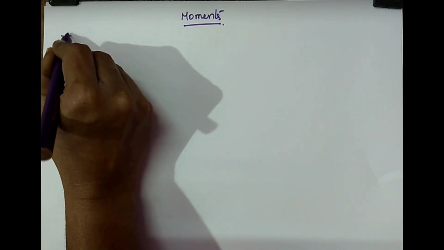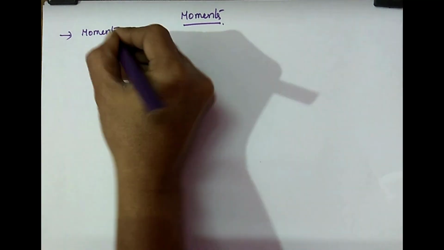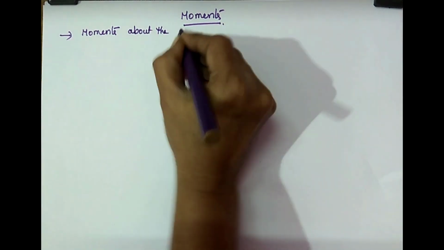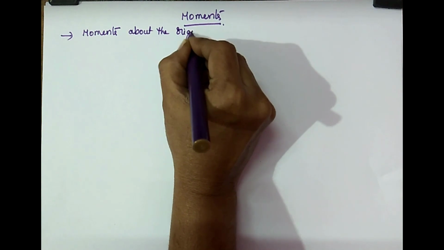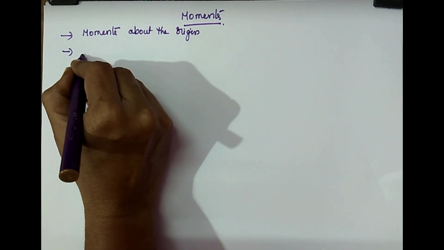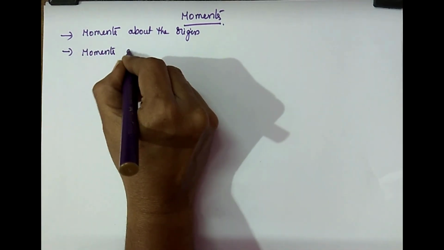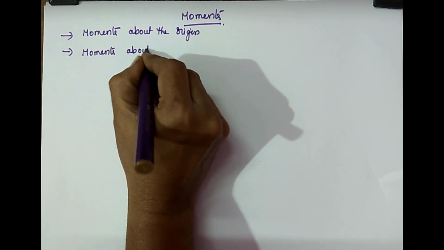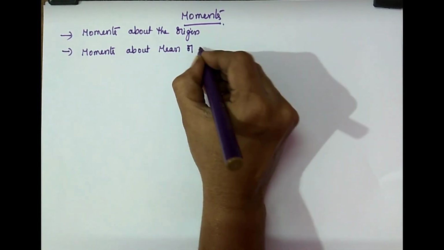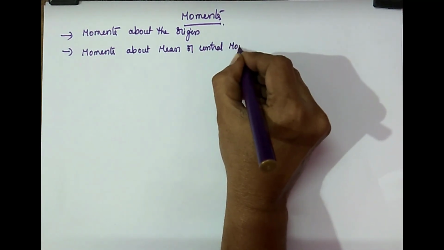The first type is moments about the origin. And second is moments about the mean, or central moments.